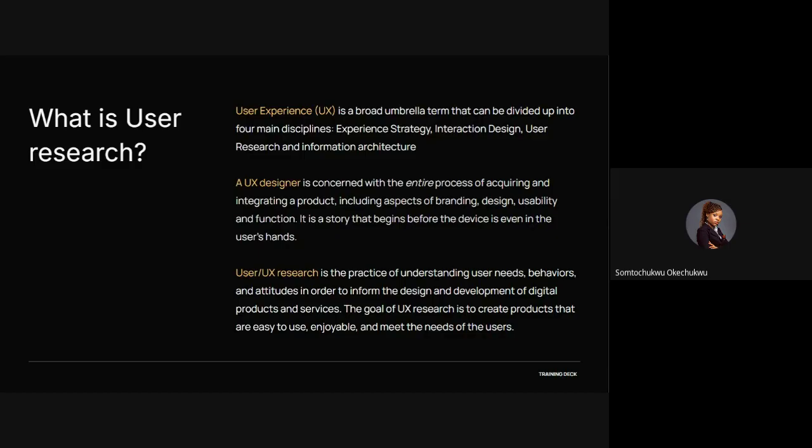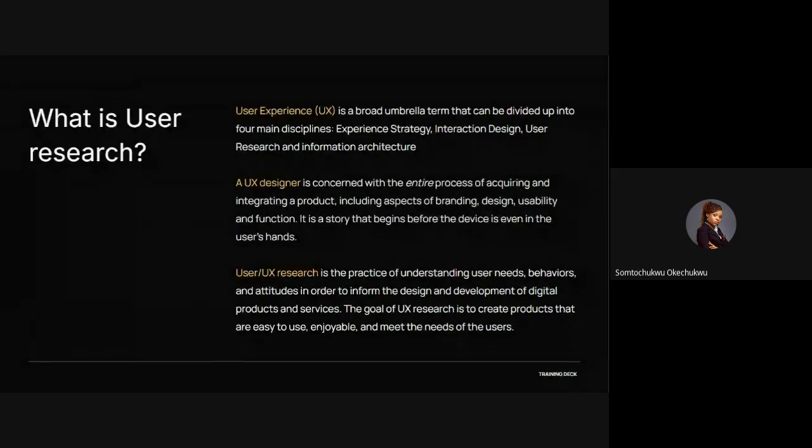All right, so going into it, what is user research? Now, there are a lot of things that would help us understand this terminology. And the first thing is user experience. Like I've said, user research, as much as you know what research already is, is now centered around the users.